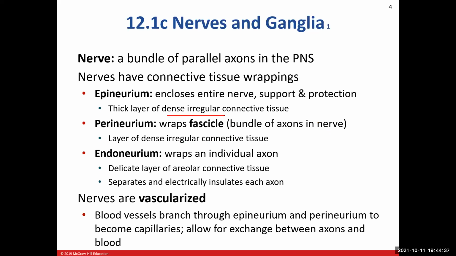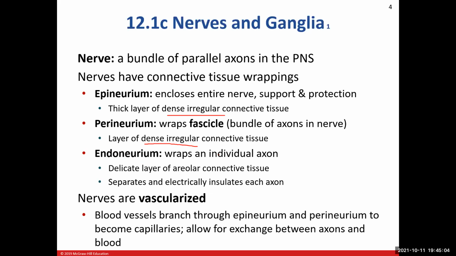tissue. Then we'll see that some of these axons are bundled together into structures called fascicles, which are just a bundle of axons. We wrap that up again in another dense irregular connective tissue, which is an inner layer. The innermost layer, which wraps each individual axon, is the endoneurium.